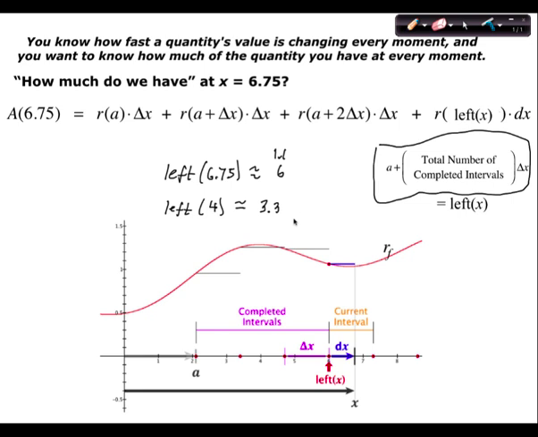So the red dots are showing you the delta x intervals. So left x is the x value at the beginning of the current interval. So do you see that left of 4 is about 3.3? And then what's left of 8.1? Oh, that's about 7.3.